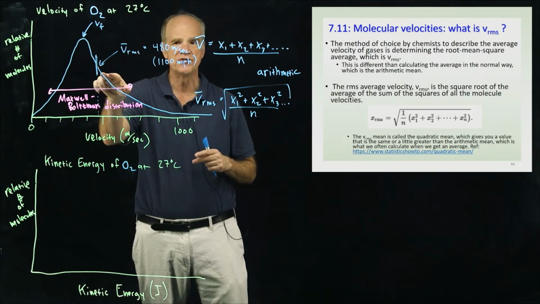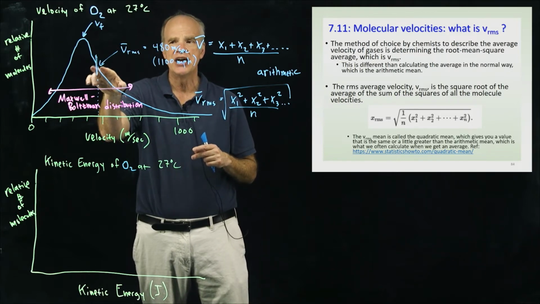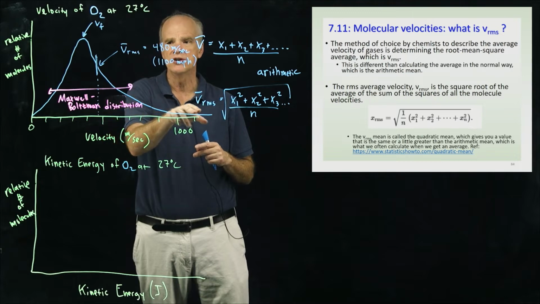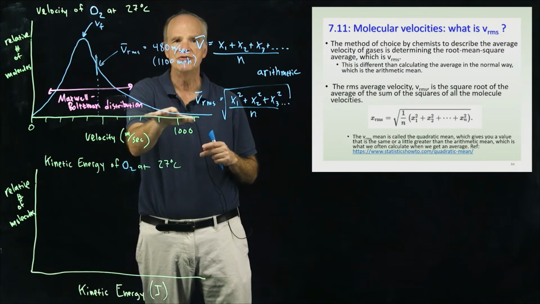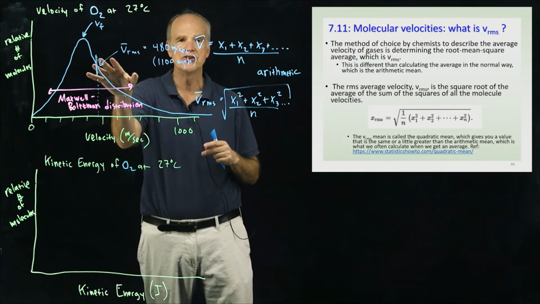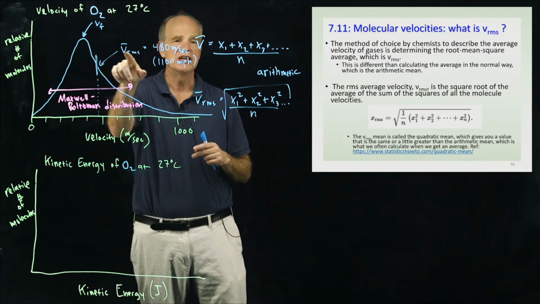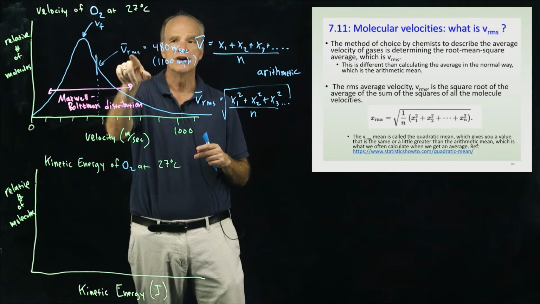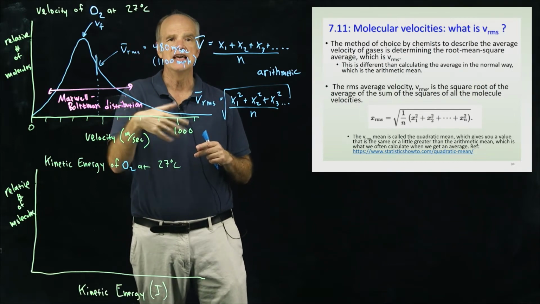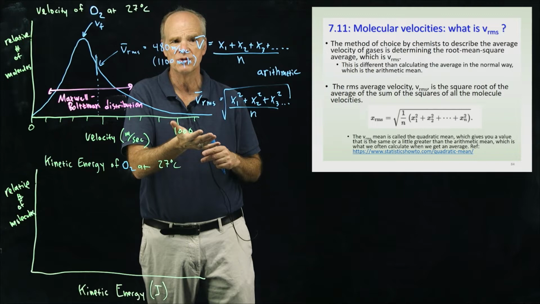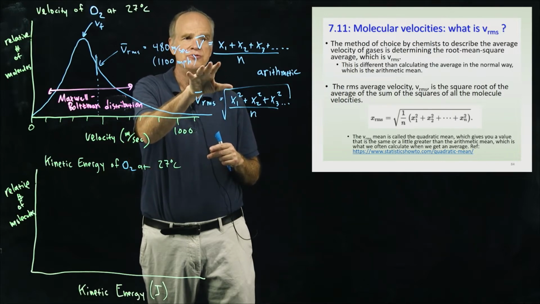There are two reasons for that. One, as you can see, is that this graph is not a perfect bell curve. It tends to taper off to the high velocity side, so that drags the average out to the right. Another reason is that this is a root mean squared average calculation, and it's probably going to have a higher number than an average calculated through the arithmetic mean.